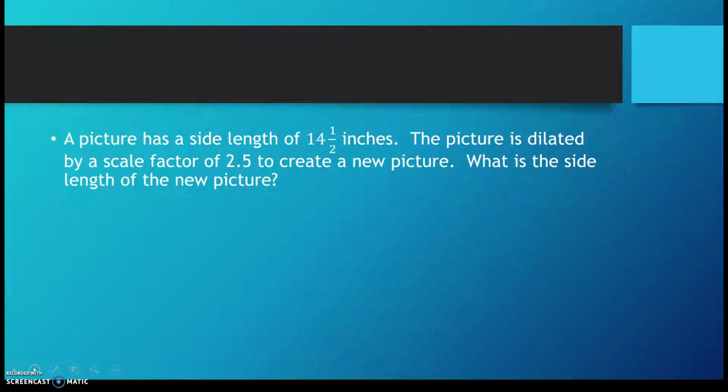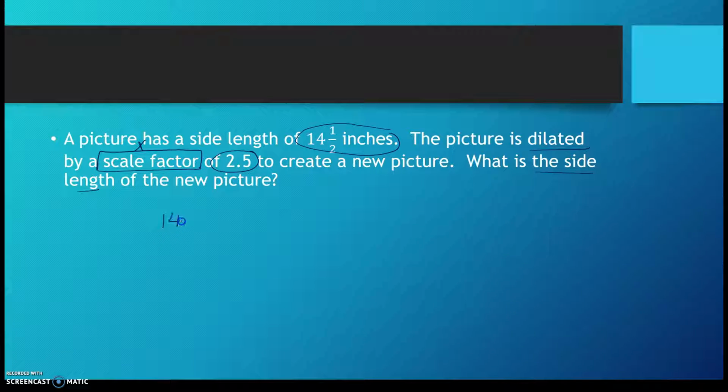Okay, so one last one here together. A picture has a side length of 14.5 inches. It is dilated by a scale factor. So dilated, like think of your eyes, when you get dilated, they get bigger, of 2.5 to create a new picture. What is the new side length? So scale factor is our keyword. That means we're going to multiply, okay?